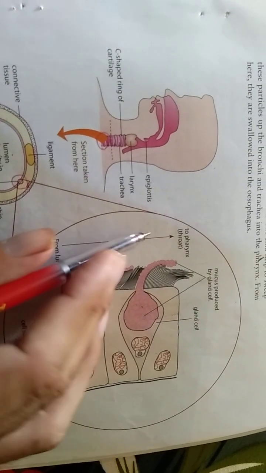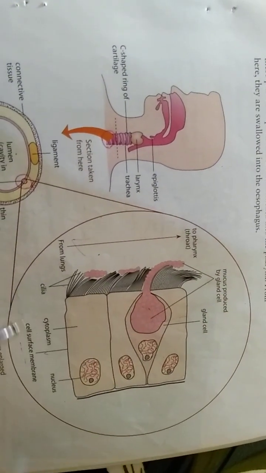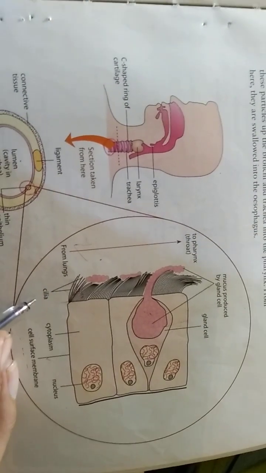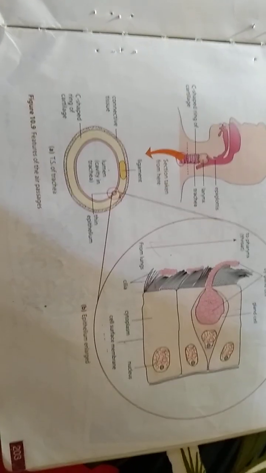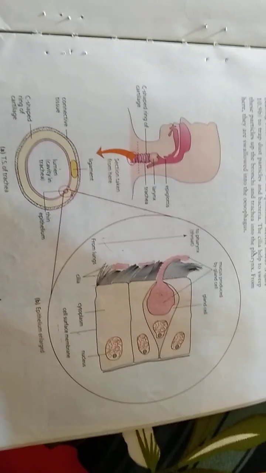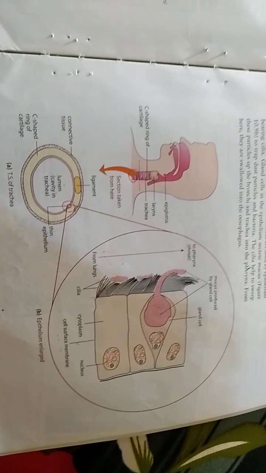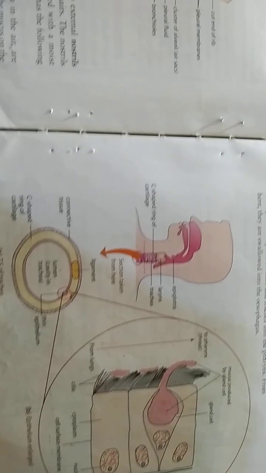From lungs to pharynx, here thread-like structures are present which are called cilia. Epithelium enlarged. Look at this diagram and try to understand the parts of the tracheal system.